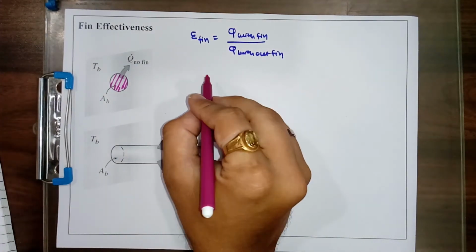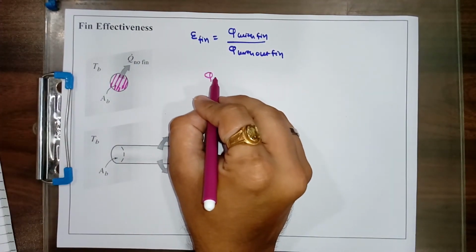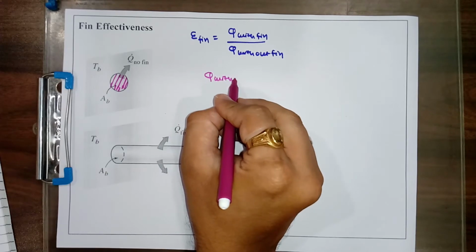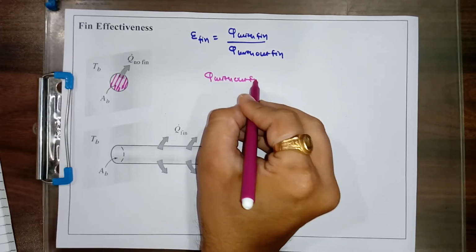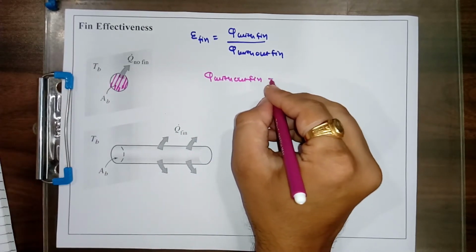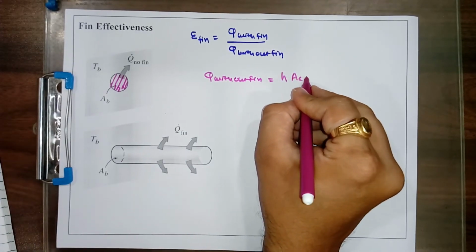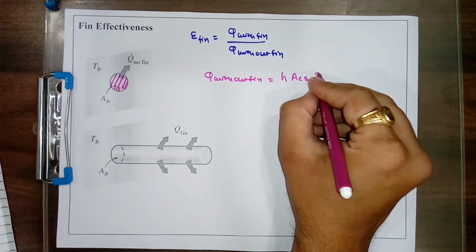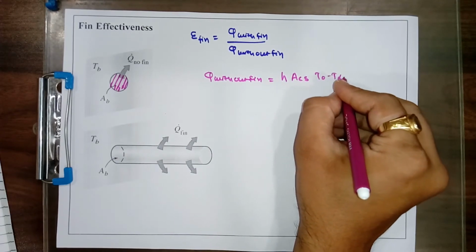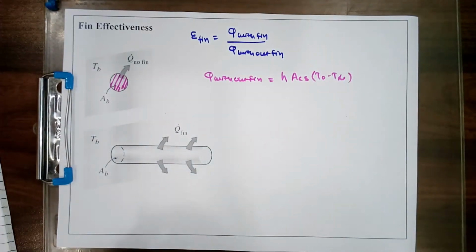So we write Q without fin equals H, the cross sectional area, then T base, that is T naught, minus T infinite.